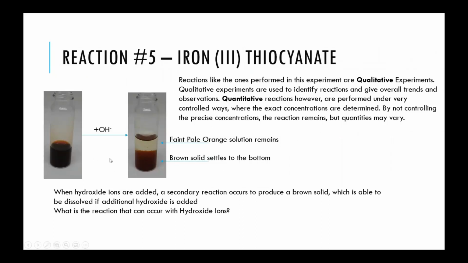And this is what you can see happens here. When the iron thiocyanate is mixed with sodium hydroxide, that deep, intense red color disappears and it forms the pale orange brown mixture that's unique for iron hydroxide. The iron preferentially prefers to react with the hydroxide.